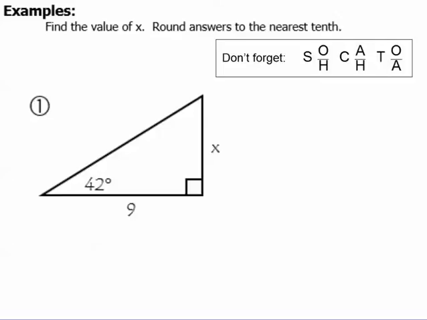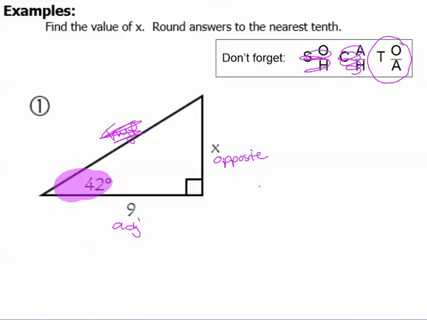Step 1, I need to pick an angle. So I picked 42. I label my opposite, my hypotenuse, and my adjacent. My hypotenuse has no information by it, so I get rid of everything there, and I'm going to pick tangent. Tangent of what? I picked 42, so that's where the 42 goes, equals x over 9.